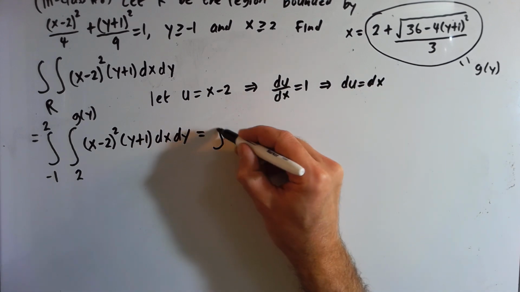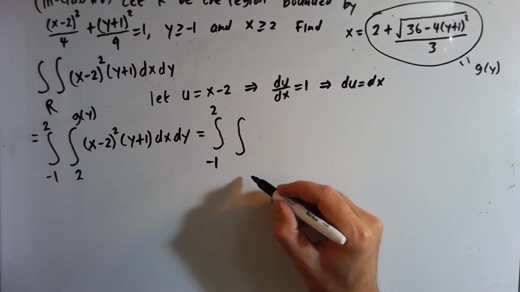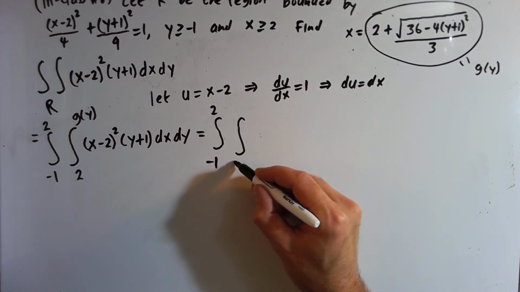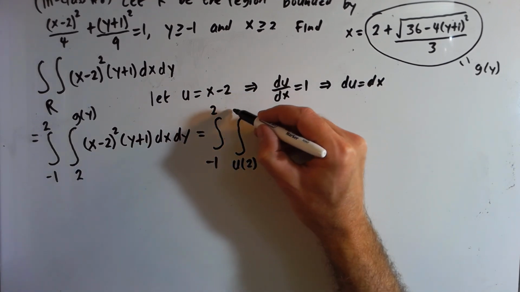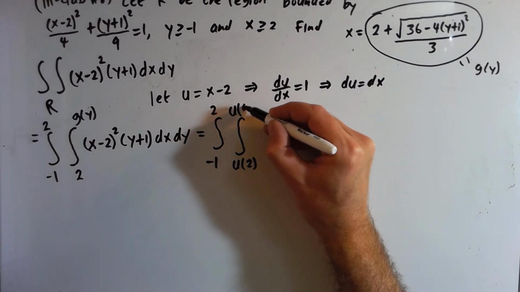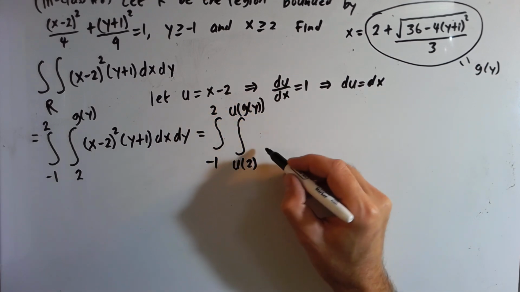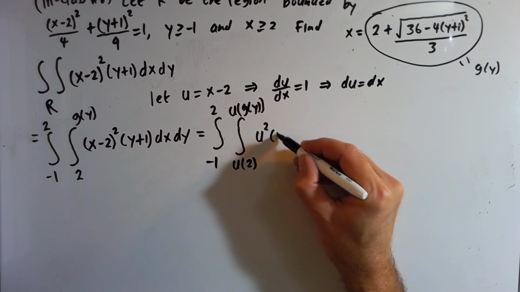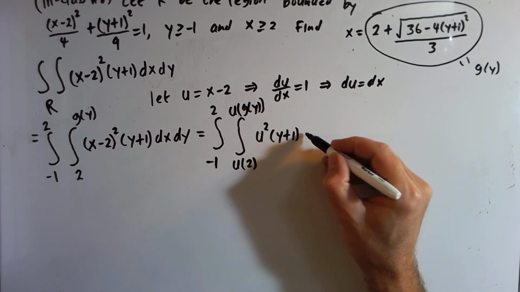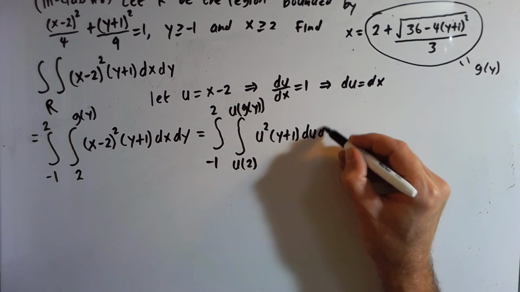Plugging in here, minus 1 to 2, the integral of, the u goes from 2, u of 2, to u of g of y. Then it's u squared times (y plus 1), and dx is du, so du dy.